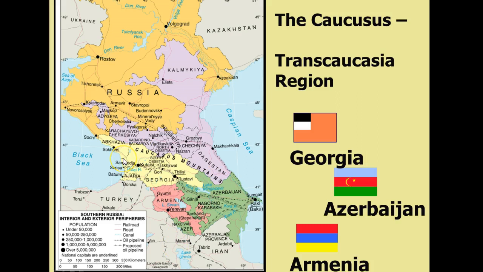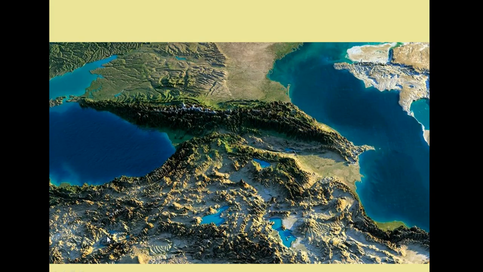These are very high mountains, upwards of 18,000 feet in elevation, some of the highest mountains in the world, and they are sandwiched between the Black Sea and the Caspian Sea. So a transition zone, to be sure, between Russia and the Middle East.